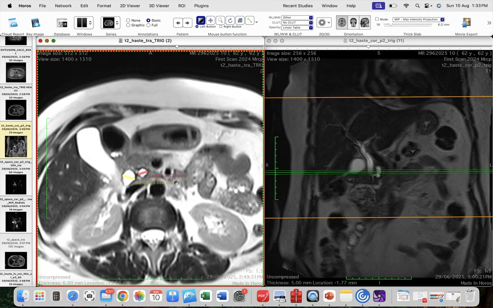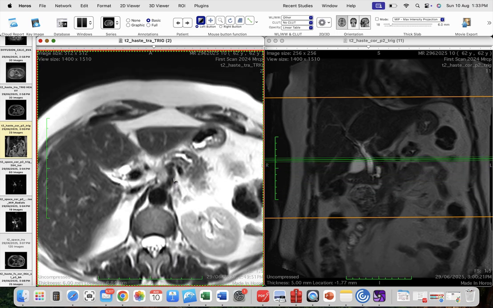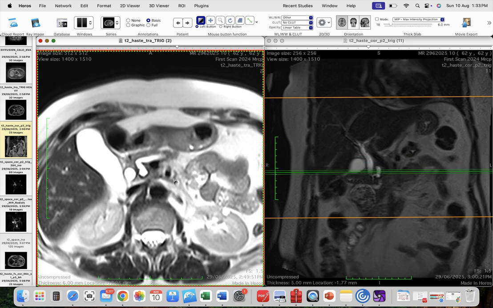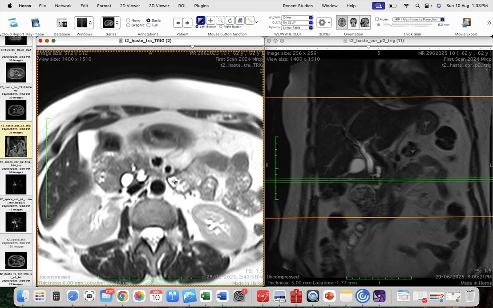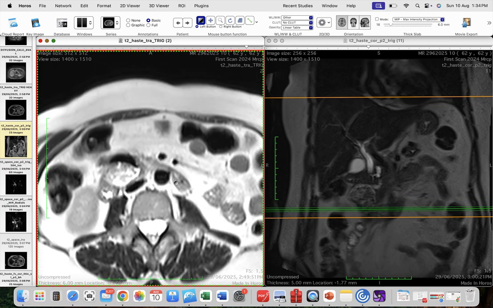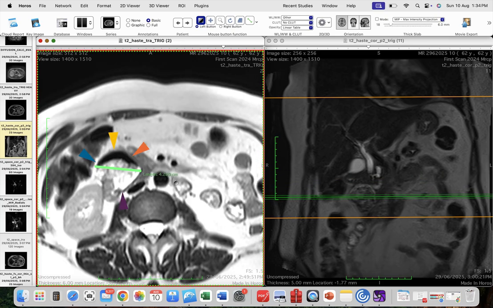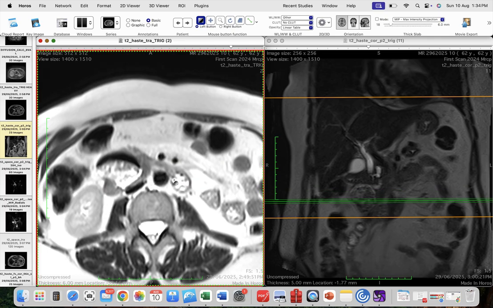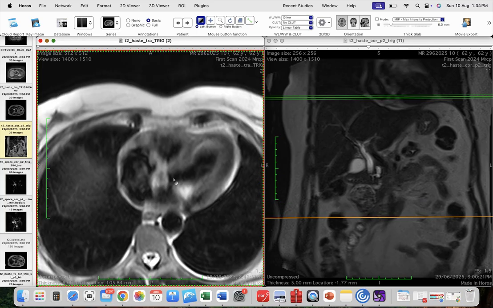because in the other case, whose story I will give you, this was not a mass. It was a huge CBD stone measuring 2 centimeters, located in the distal CBD, or maybe it was something like a diverticulum, and it was initially hyperdense with no enhancement, and it came to me for a follow-up.